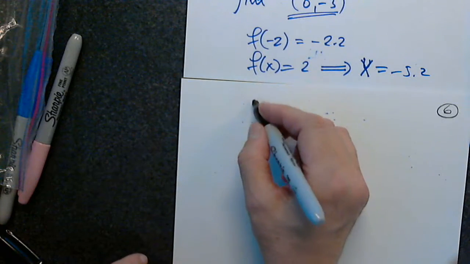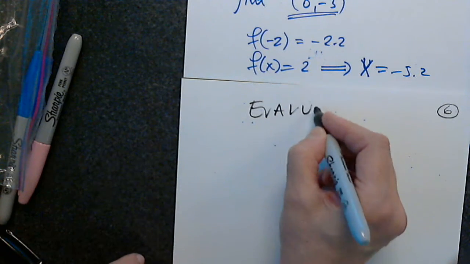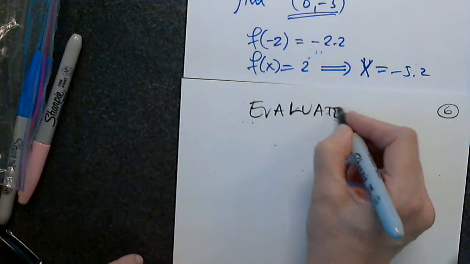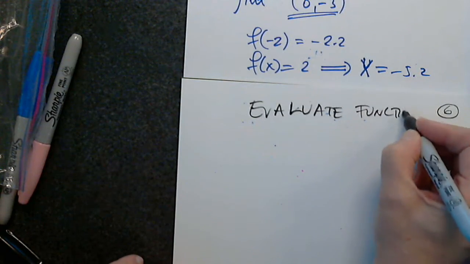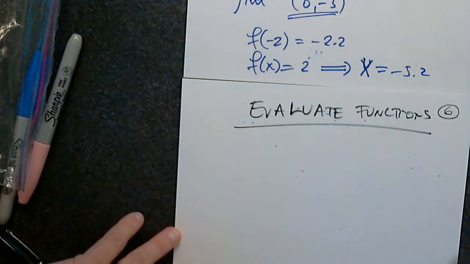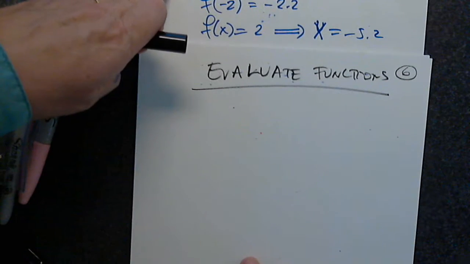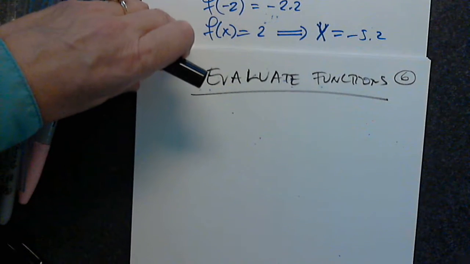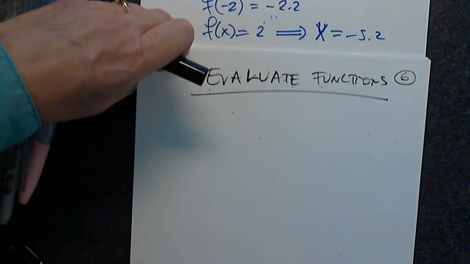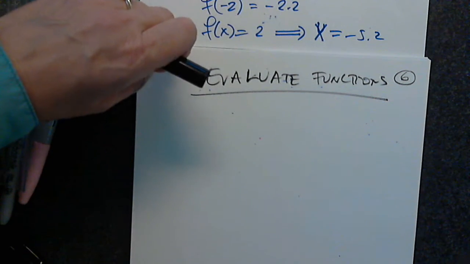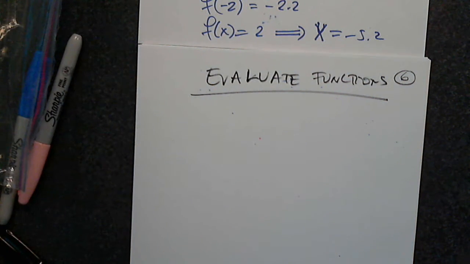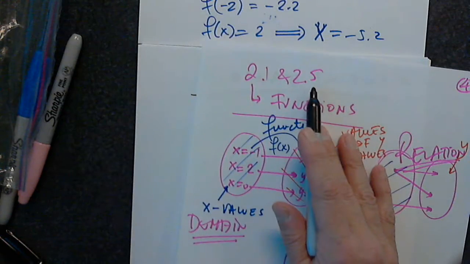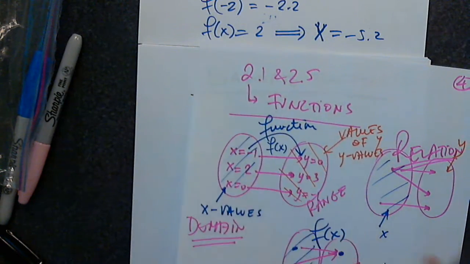Okay, so evaluate functions. Very important. I'm sorry, it's still in 2.1. So we're looking at together 2.1 and then 2.5. So we're still in 2.1.